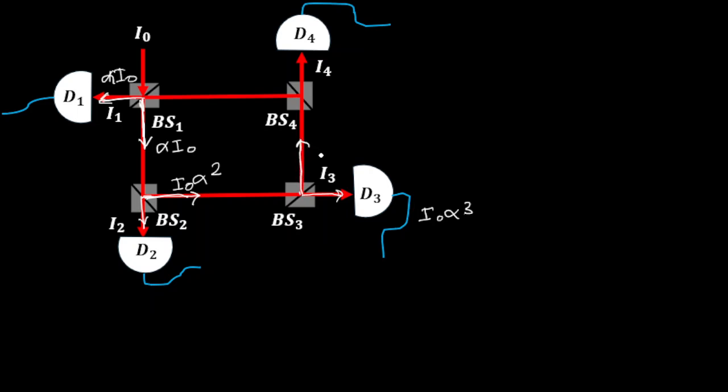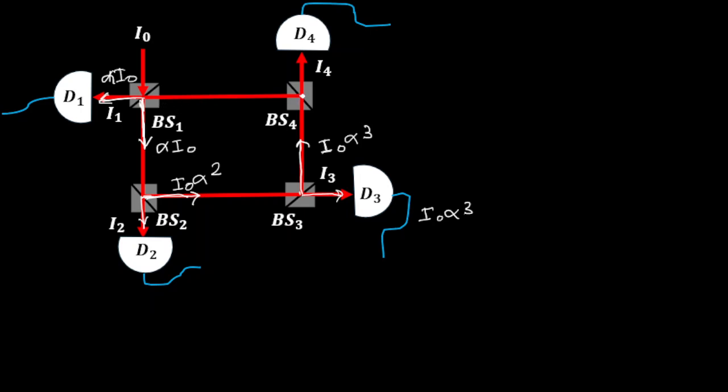So what will be this intensity? For beam splitter 3, the intensity of the incident light is I naught alpha square, so the reflected light will have intensity I naught alpha cube. Now this light will reach beam splitter 4, and from beam splitter 4 it will be reflected back towards beam splitter 1.